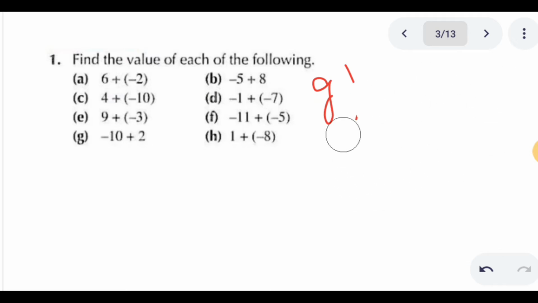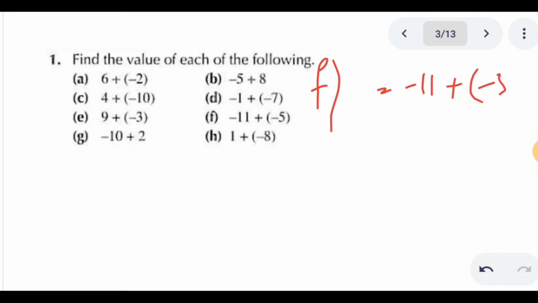Similarly, if we solve part F, we have minus 11 plus minus 5. So now minus 11 and plus minus minus 5.